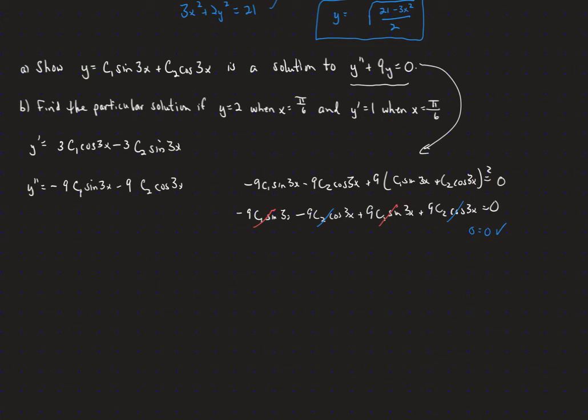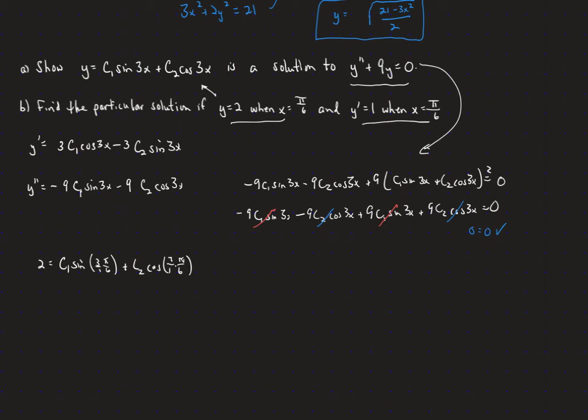Now we are going to go further and try to find out what c1 and c2 are using our initial conditions. The first one uses y, so plugging it into our original function, we get 2 is equal to c1 sine of 3 times pi over 6 plus c2 cosine of 3 times pi over 6.